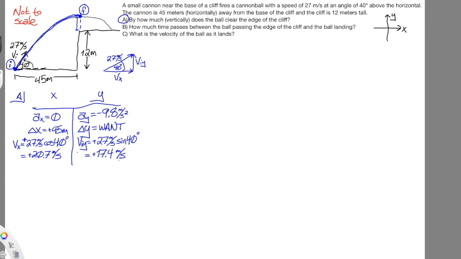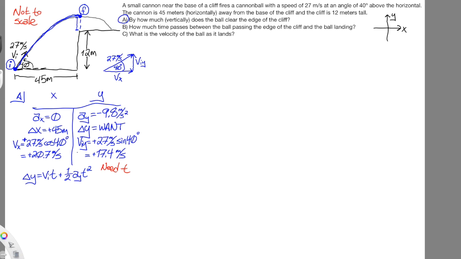So this time skipping over the step where I take the formula sheet equation and convert it into an x or y equation, I'm going to write a y equation that might help me find my final answer. Delta y equals v_iy t plus 1/2 a_y t squared. From this, I could find delta y, but first, I need my t.